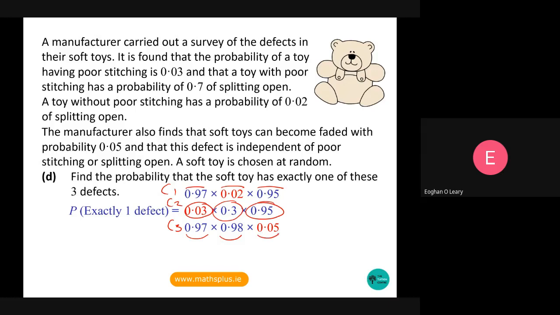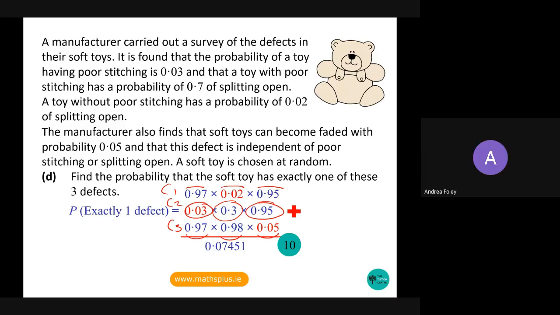So if I look at case 1, I'm saying, what's the probability that it has good stitching and it splits and it does not fade? So I'm multiplying those together. And then when I take my 3 cases, because there's one or the next or the next, I'm adding the 3 total answers together, and I get a final answer here of 0.07451. And that was a 10-mark question.